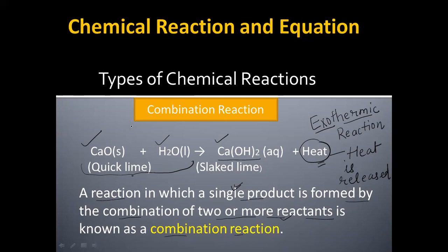Another example I can give you here: carbon in the solid state combining with oxygen in the gaseous state will give you carbon dioxide, in the gaseous state. What type of reaction is it? Simple, a combination reaction. And that also releases heat. So this is also an exothermic reaction.